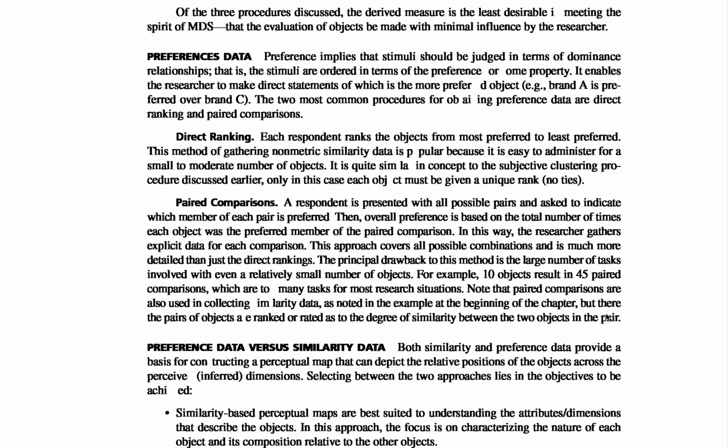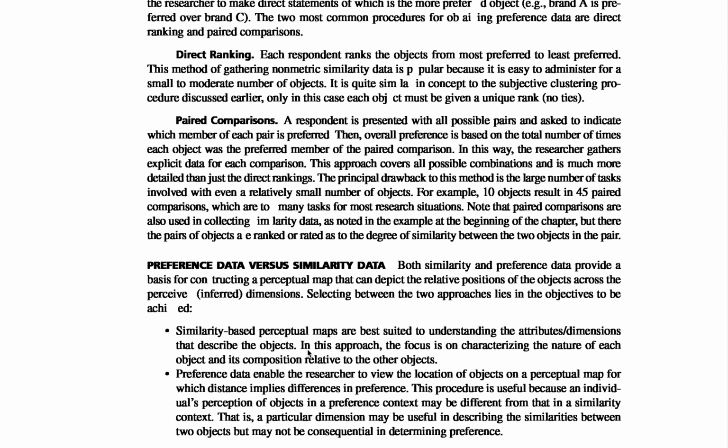Paired comparison. A respondent is presented with all possible pairs and asked to indicate which member of each pair is preferred. Then overall preference is based on the total number of times each object was the preferred member of the paired comparisons. In this way, the researcher gathers explicit data from each comparison.